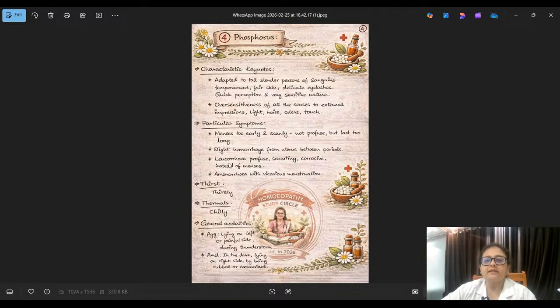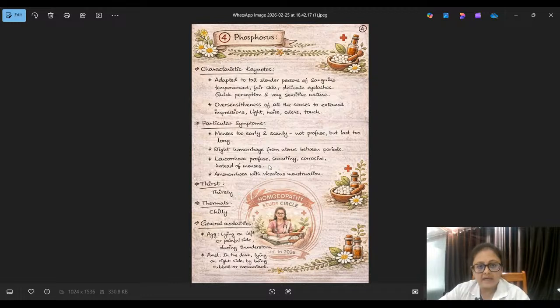Then leukorrhea, profuse, smarting, corrosive, instead of menses. See, leukorrhea instead of menses. For example, she had her periods on 1st January. On 1st February she was supposed to get periods, but she has a white discharge which is so profuse that she has to wear a pad. So when you take the history, you have to ask the patient about the nature of the white discharge. Is it so much that you have to wear a pad?